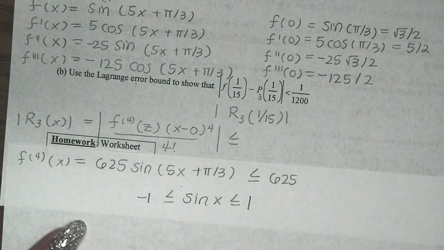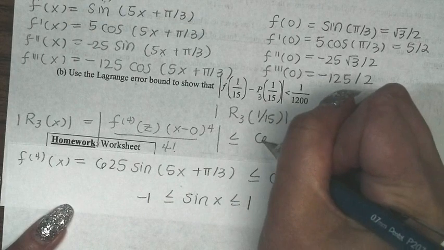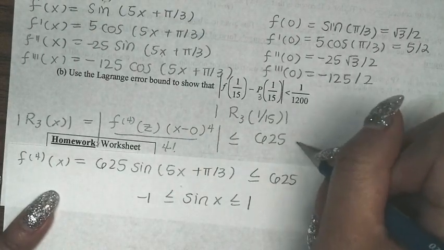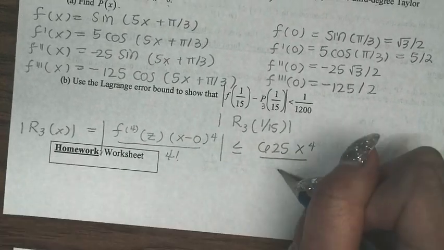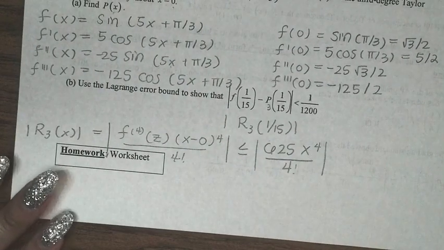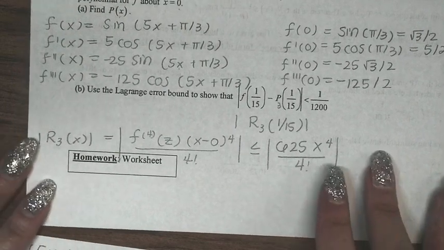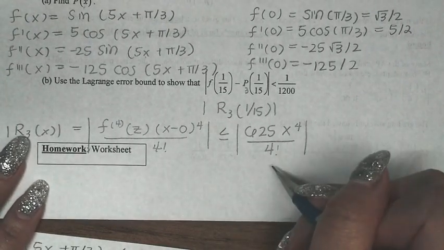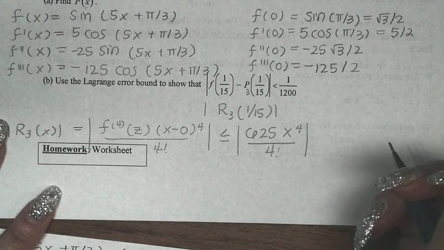Cool? So now, what are you going to do? Well, I know that 625 is going to be my bound, times x to the power of 4 divided by 4 factorial. If you want, you can put the absolute value there to make sure that it's not negative. Now, what do you recognize here? Well, we have this in general for x, but you want 1 over 15. Well, let's just plug in 1 over 15.